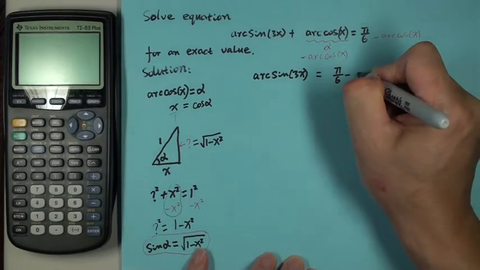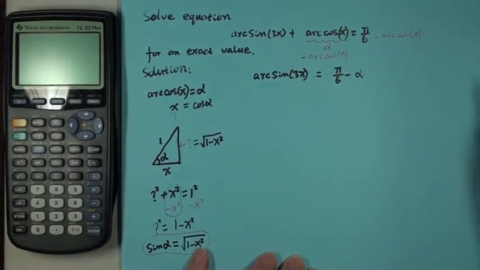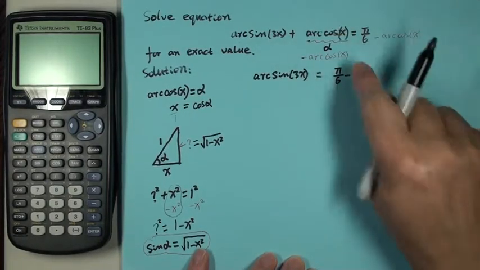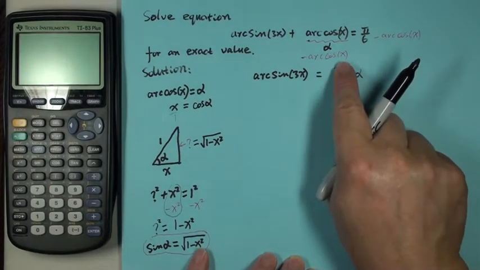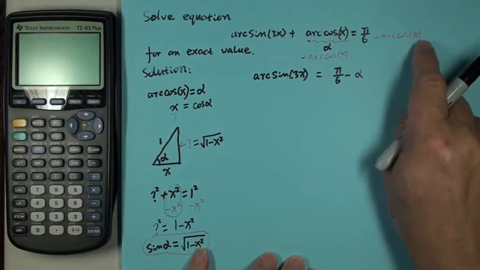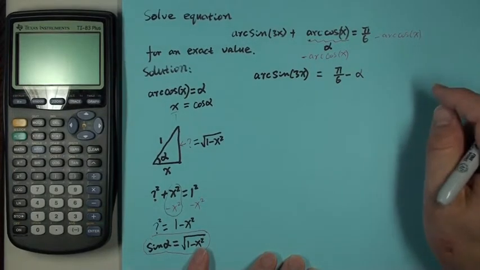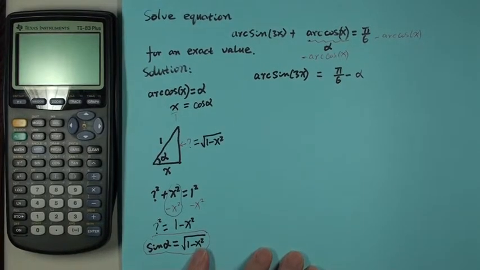You may write alpha here, because this is basically alpha. So you subtract arc cosine x means you subtract alpha. That's fine.